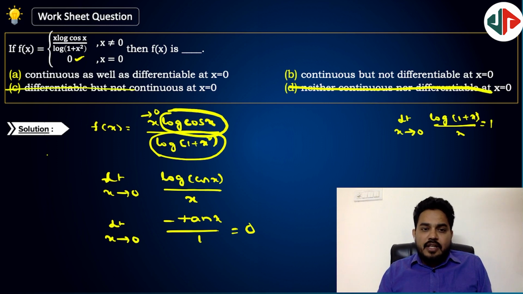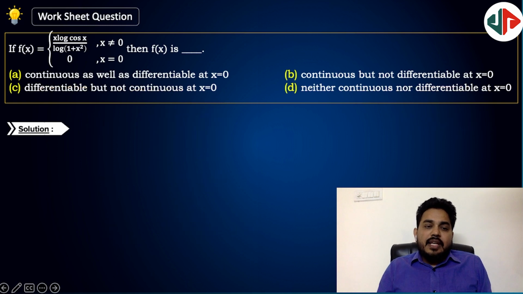Differentiable but not continuous is also ruled out. So only these two things are there. So let me check the differentiability condition at x is equal to 0.